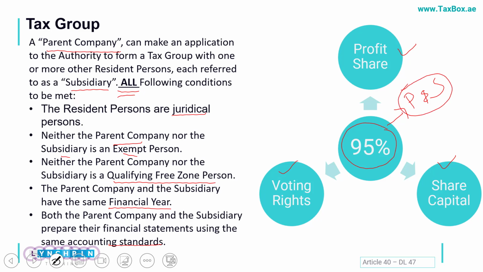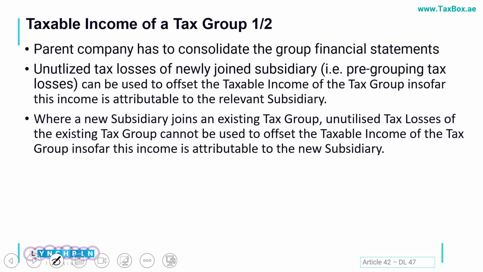Once we establish this and we fulfill all these conditions, the parent company will consolidate the group financial statements, which means they will be calculating the group taxable income, and they will file a single tax return also.